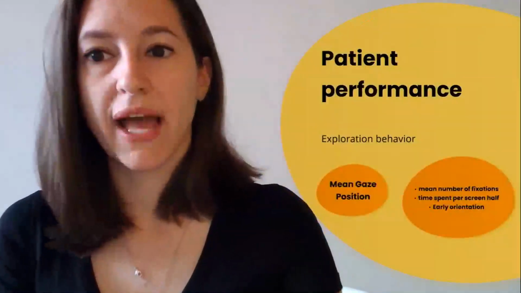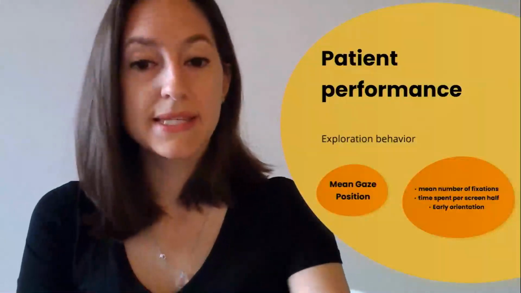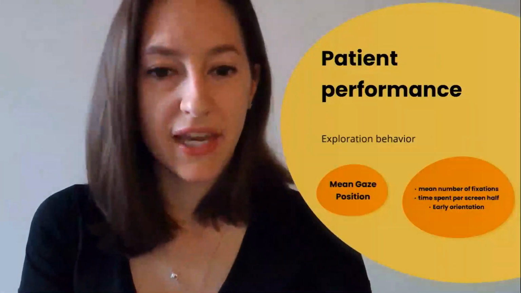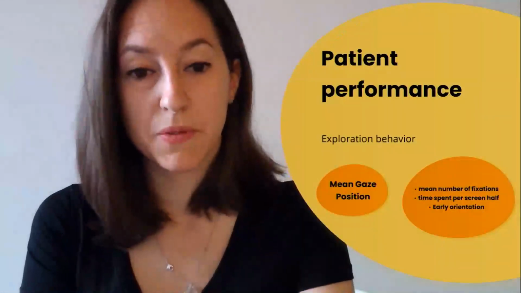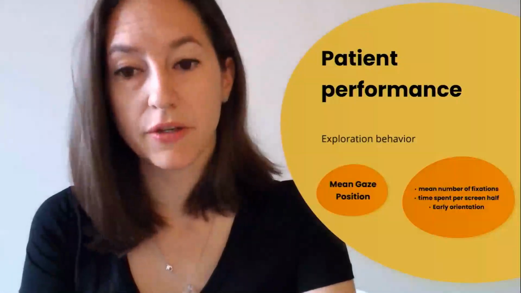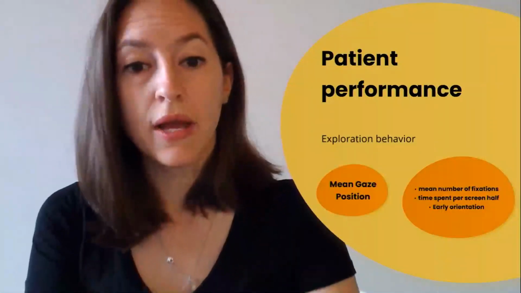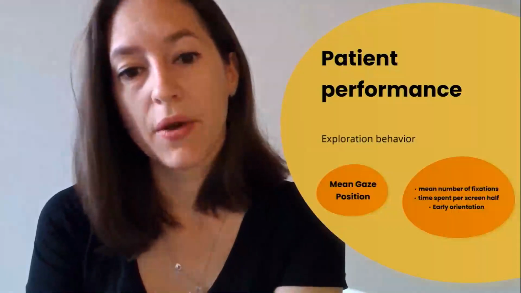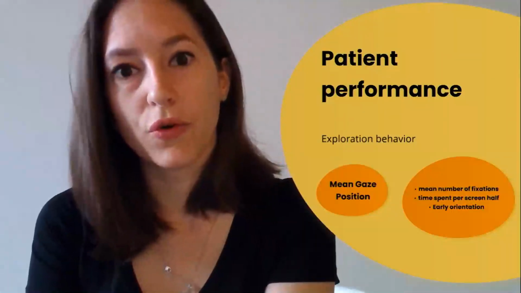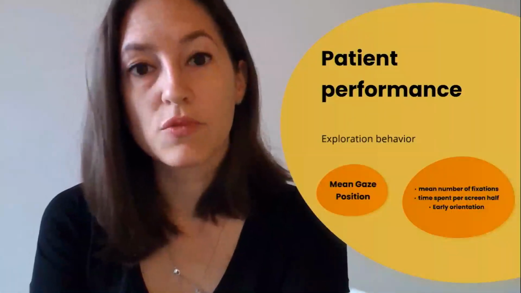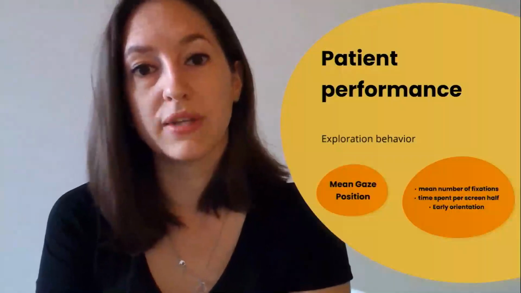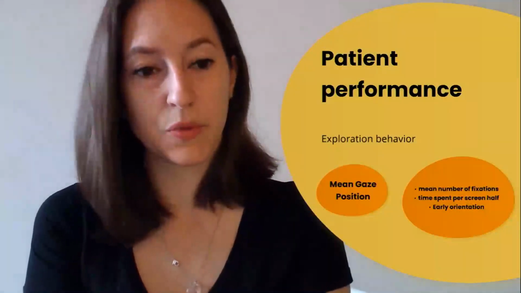So let's have a closer look at other eye movement performances: the mean number of fixations, the time spent per screen half, and early orientation. For early orientation, I don't know if you already know, but let's repeat that a little bit. Early orientation is the first movement towards the right or the left in free visual exploration.